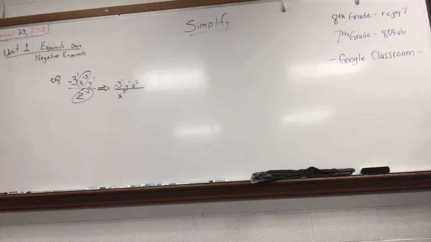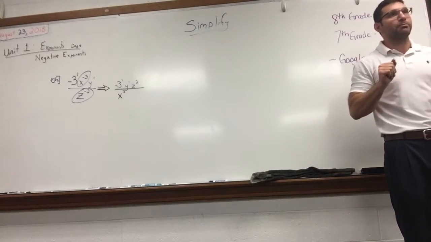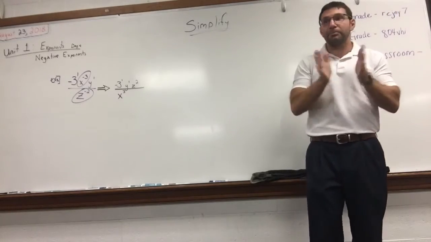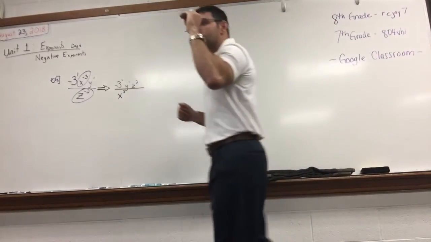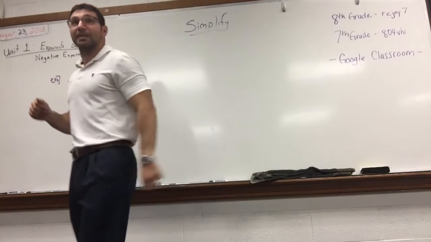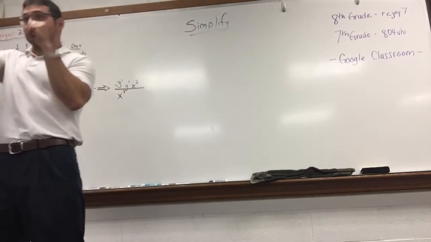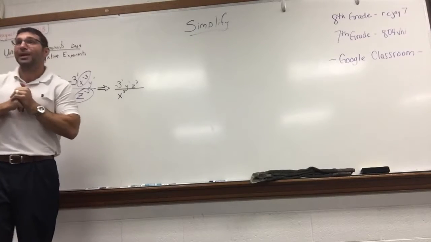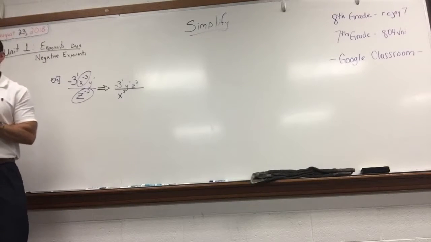So if I have x to the third times x to the fourth, my problem's not done. If it's x to the third divided by x to the fifth, my problem's not done. If we have exponents to the 0 power, my problem's not done. If we have a power with a number like 3 to the third, my problem's not done. Now, if we have negative exponents, my problem's not done.